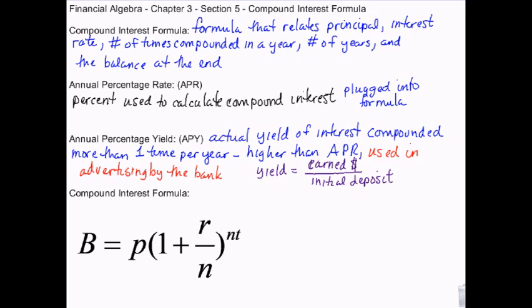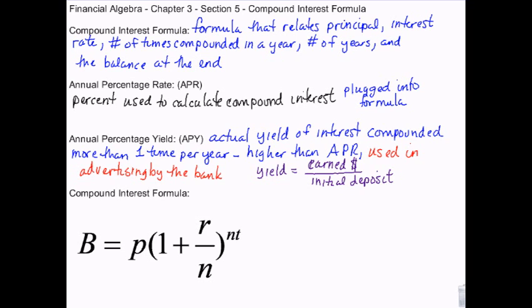Okay? And because of that, the banks, when they're trying to get you to open accounts with them, will advertise not the rate that they're actually calculating, but they'll advertise the yield because it looks cooler. I mean, it's a higher number, so it looks better, so it's more marketable.